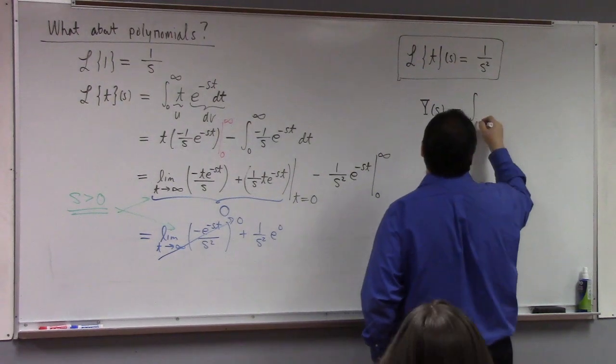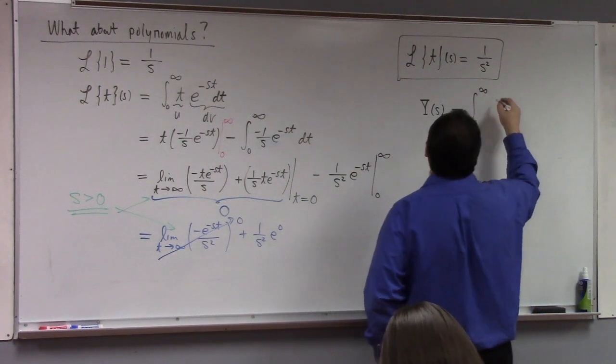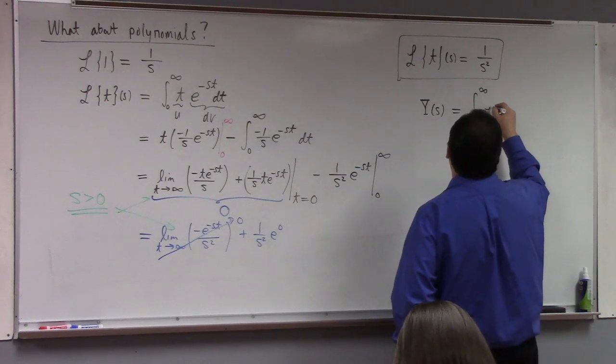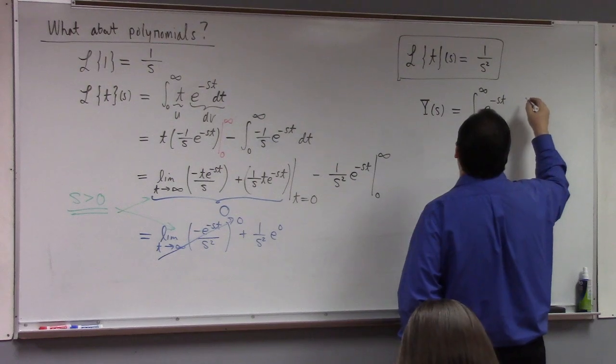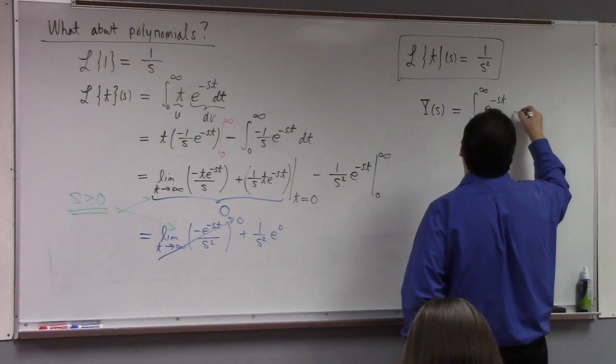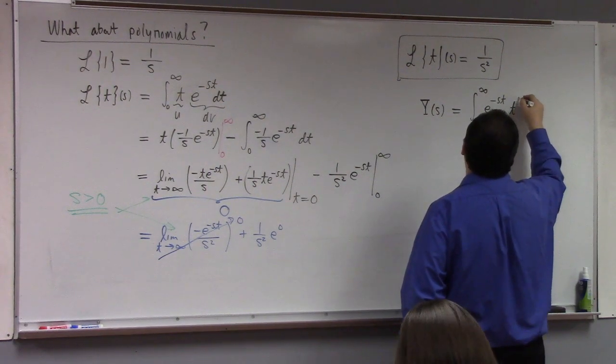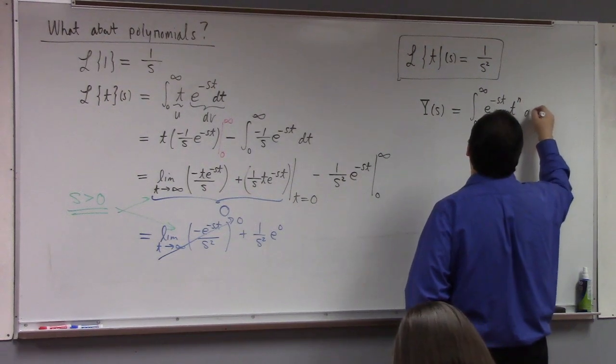It's equal to the integral from 0 to infinity of e to the minus st times t to the n. Let's calculate the Laplace transform of t to the power n.